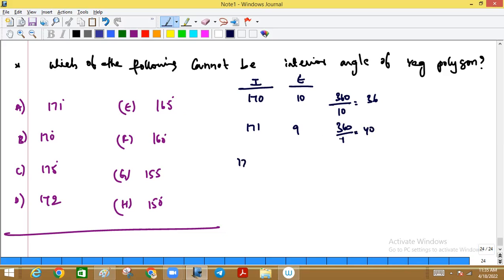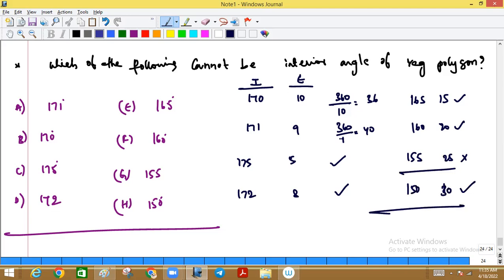Yes, it is. 175, 5. 5 also divides 360. 165 means 15 also divides. 160 means 20 divides. 155 means 25 does not divide. 150 means 30 divides. So which of the following is not an interior angle of a regular polygon? 155 cannot be an interior angle of a regular polygon. Understand how we find it? First you need to go for the exterior angle, and the exterior angle should definitely divide 360.